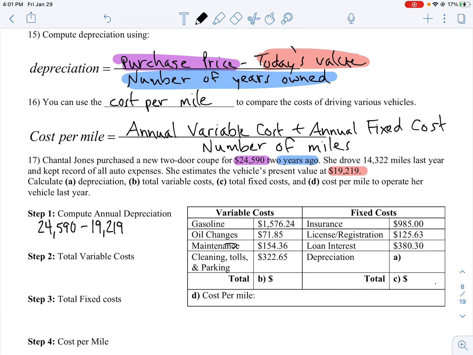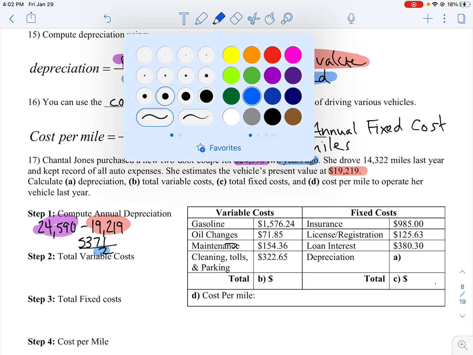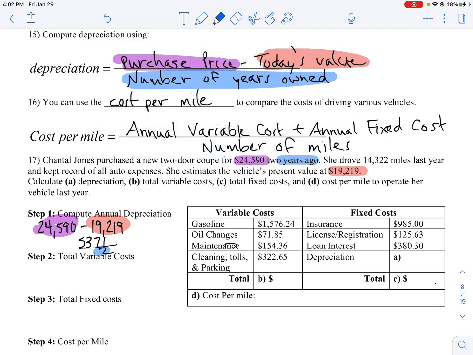So 24,590 minus 19,219. So it's depreciated $5,371. But that's in 2 years, so now I need to divide by that 2 years. Purchase price minus today's price, divided by the number of years, which is 2.